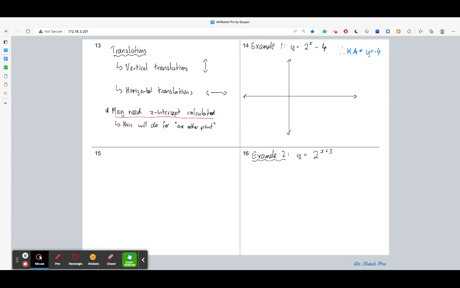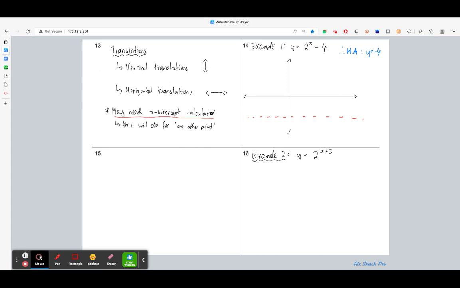I shouldn't put an equal sign there, should I? So the horizontal asymptote is y equals negative 4. So effectively, we basically ignore that bit, and we see that bit as our new horizontal asymptote. So I'm going to fill that in with a red line, so negative 4, like so. We need to work out the y-intercept. I might do that in box 15.